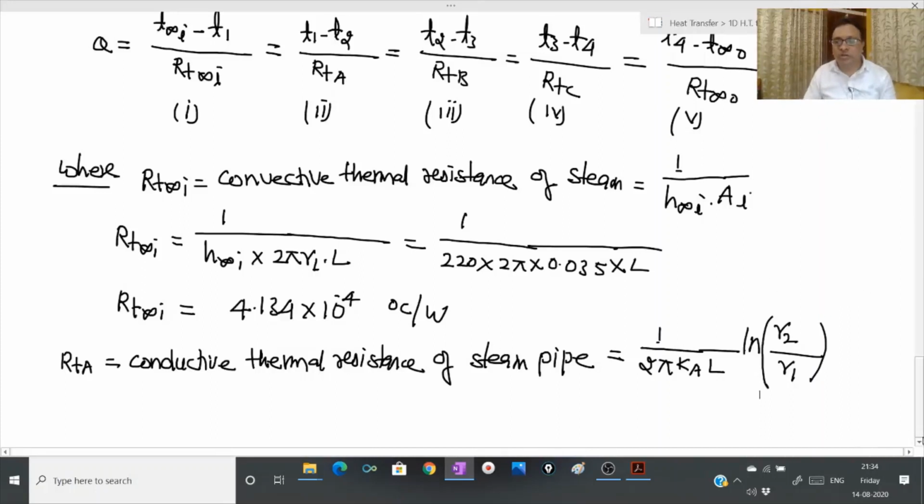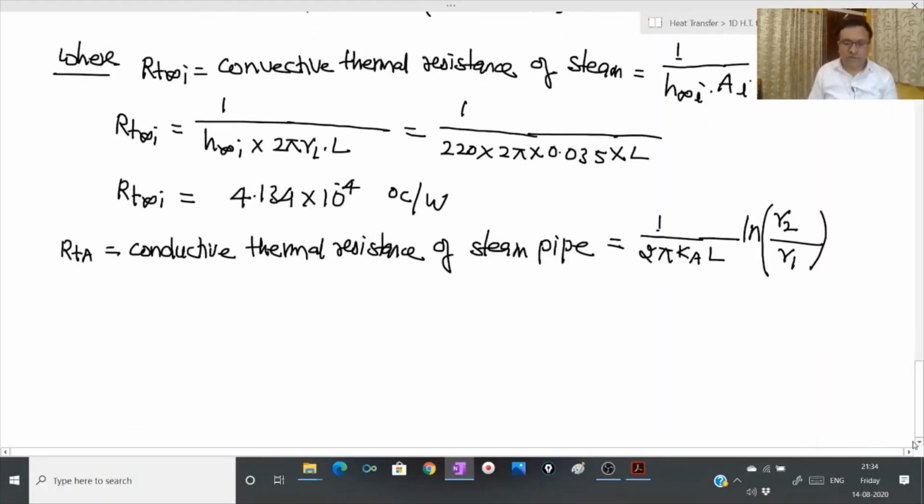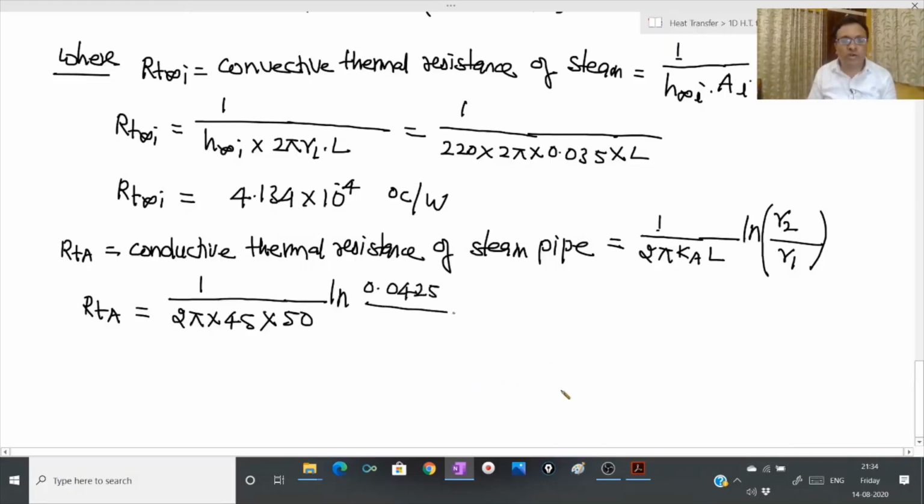Let us put the values of all these parameters. RTA is equal to 1 over 2 pi, the value of K is 45 watt per meter degree Celsius, the value of L is 50, log of R2 radius 0.0425 over 0.035.